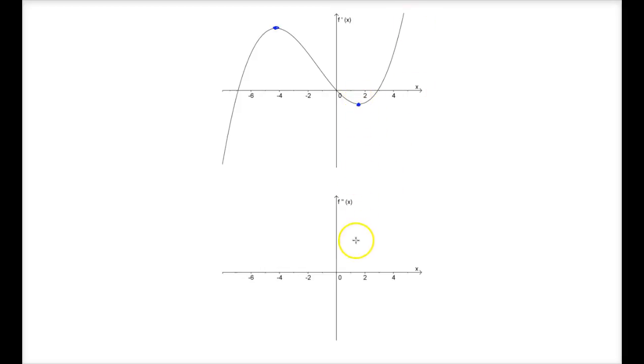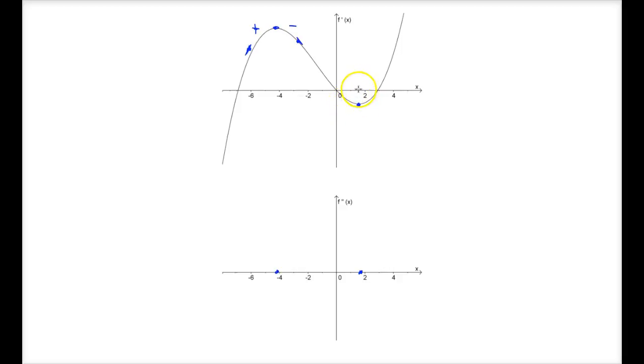So if we come down here, we see that we'll have an x-intercept here. And if we come here, this is slightly past -4, so right there. And so if we notice here, the slopes of the tangent line are increasing here and decreasing there. So that means the slopes of the tangent line are positive and then go to negative.